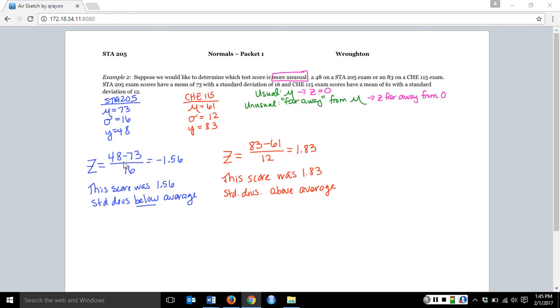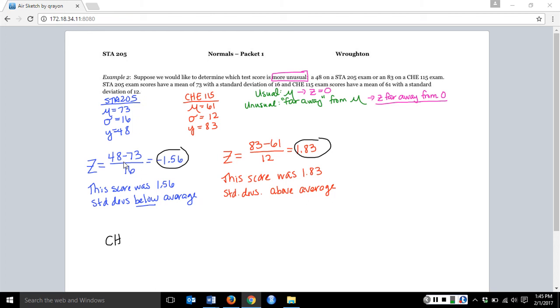Alright, so now going back to looking at what my goal was. I'm trying to figure out what was most unusual, which is the z that's far away from 0. So when I go down here and look at my two z-scores, I look at my negative 1.56 and I look at my 1.83. Which of those numbers is furthest from 0?